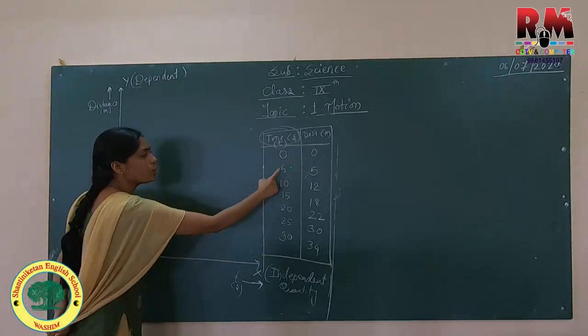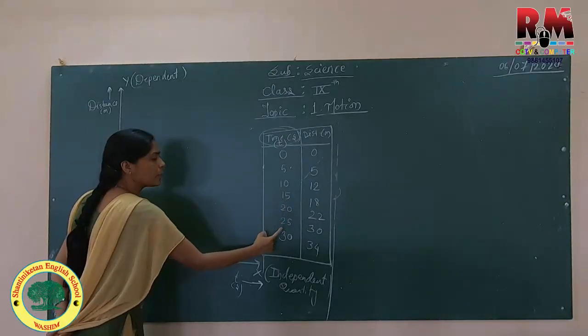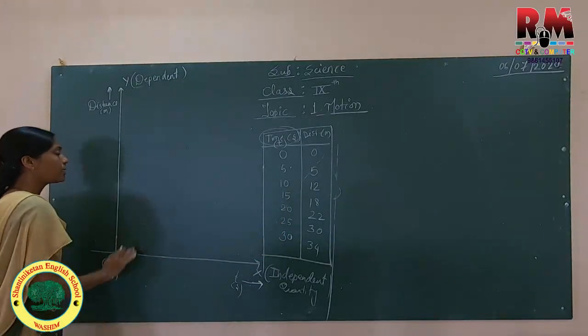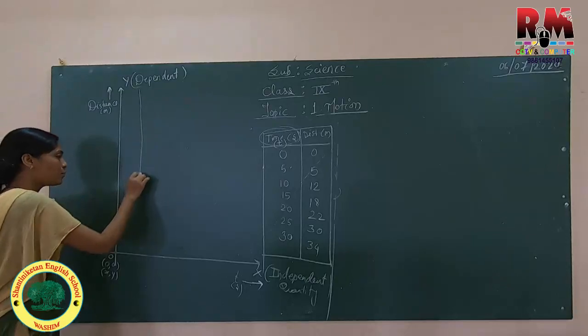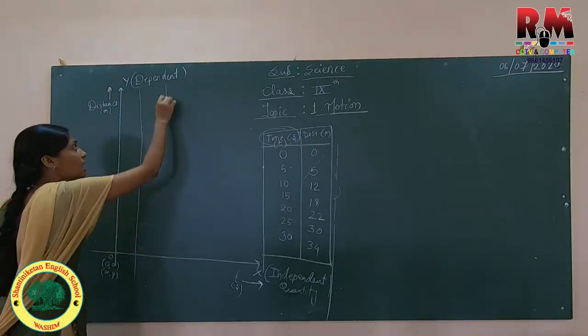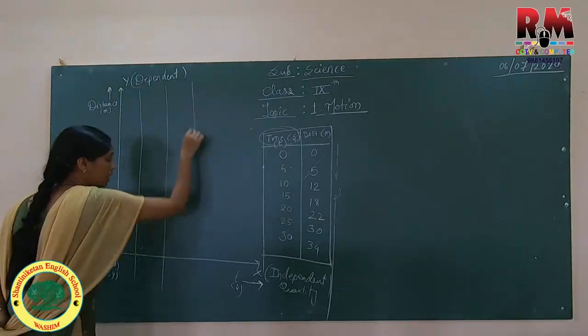Time is given 0, 5, 10, 15, 20, 25, 30. You know that there is a grid. You can see there are dark lines on your graph paper.